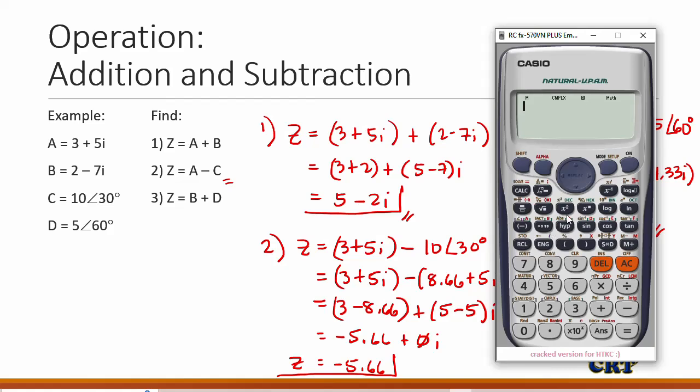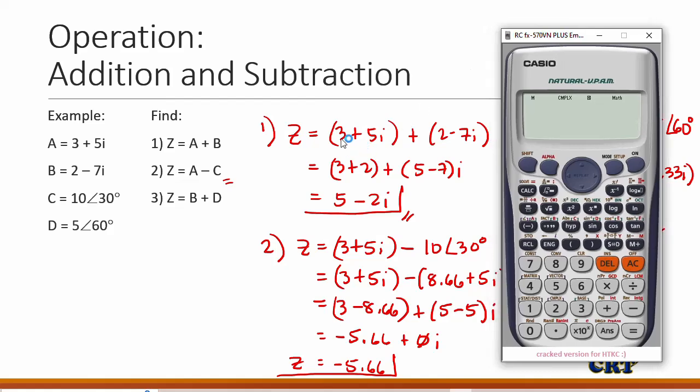So all you have to do is key in the complex number. For example, 3 plus 5i. You can put parentheses. 3 plus 5i, where the i is in the ENG button. Then close parentheses. Plus 2 minus 7i. Then close parentheses. Then press the equal sign. So this will give you directly the answer, 5 minus 2i.